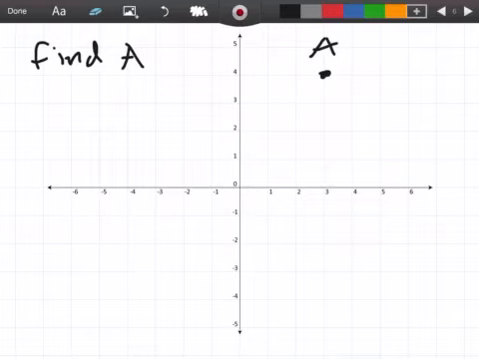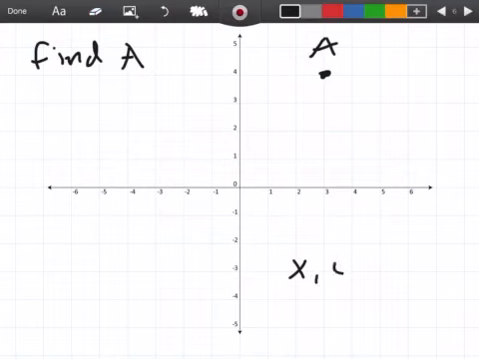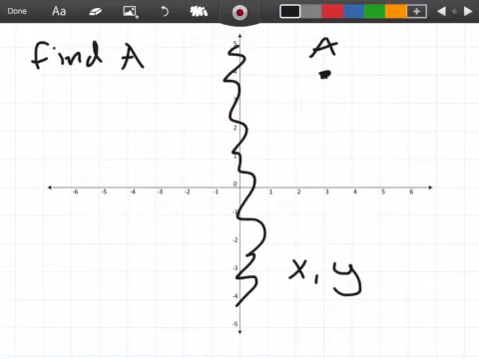And then one last question. Find A. This is a bit of a tricky question. We have to find x, y. You can see that A, if you look, let's remove this whole y portion. We can see that A is from 0, here at 3.